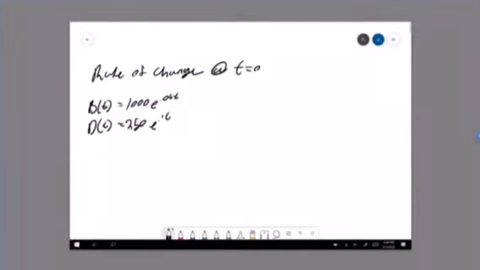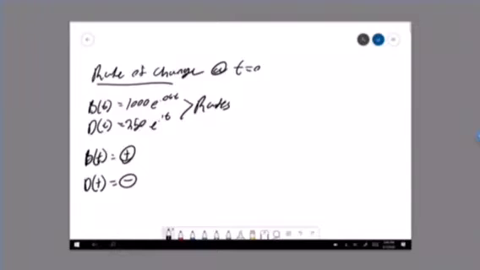e^t. So when things are birthed, it is a positive, and then when they die, it takes away. So that's going to be negative. So these are already rates, so we don't have to find the derivative.